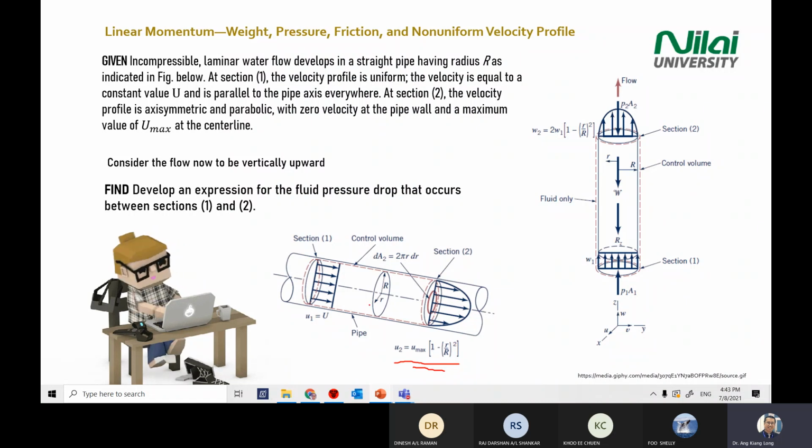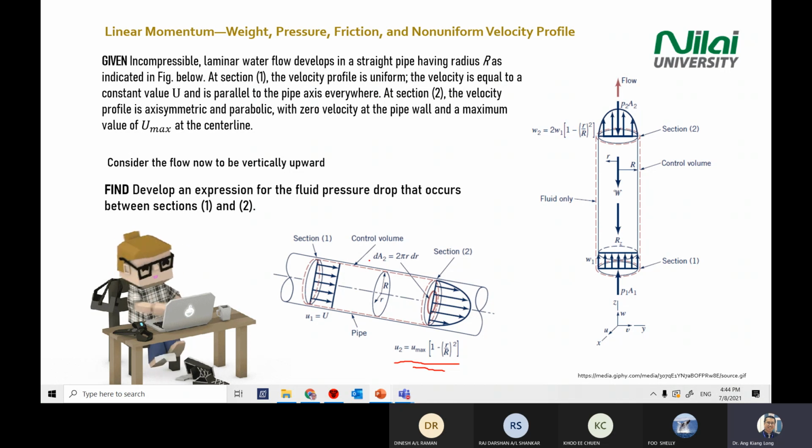Okay, so in this case, we're having a pipe and you're having a radius from the center, and our reference point is the center of the pipe. The r is the inner radius and the R is the outer radius. R means from the center to the wall here.